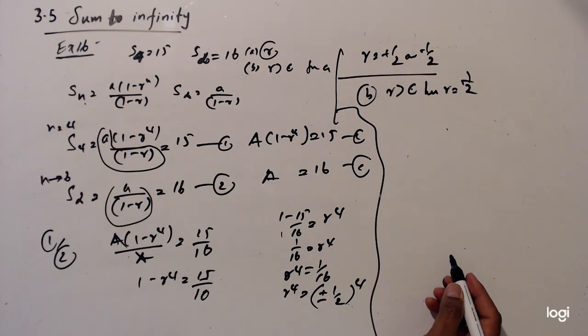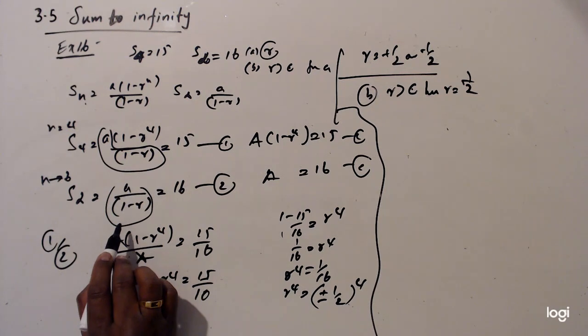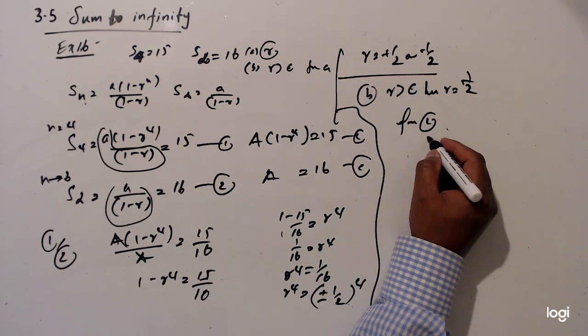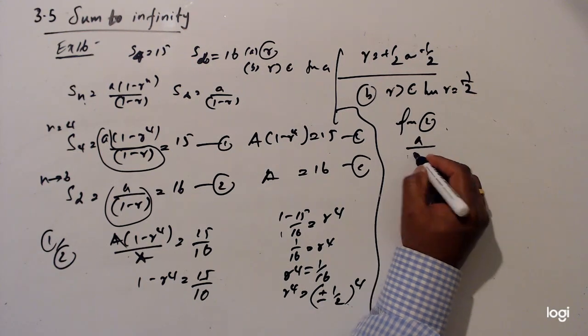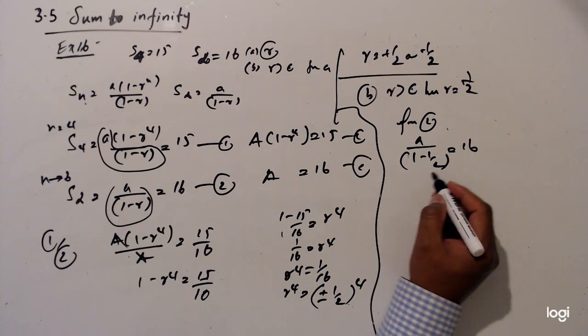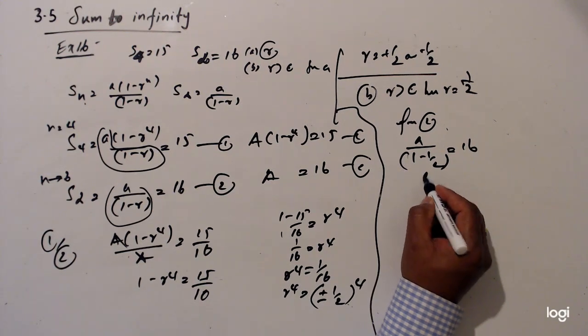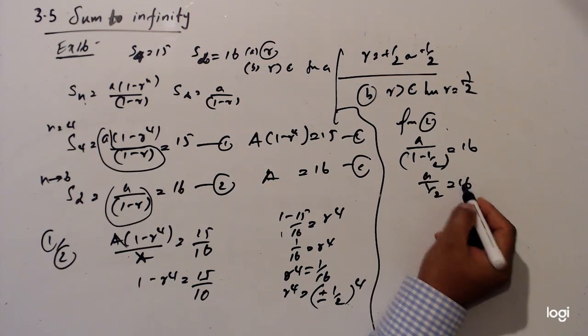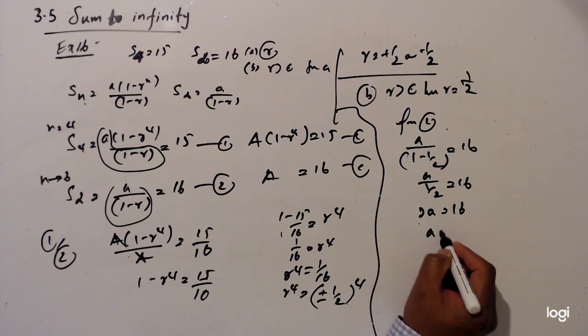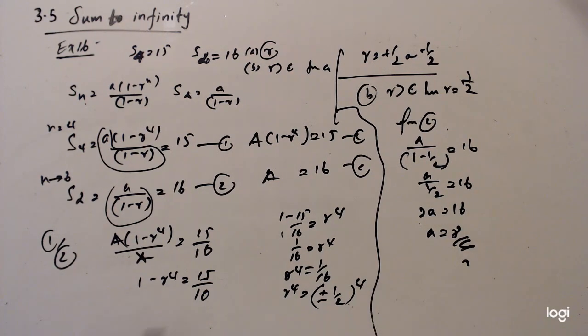Then we need to find a. From 2, a over 1 minus half equals 16. So a over half equals 16, 2a equals 16, a equals 8.